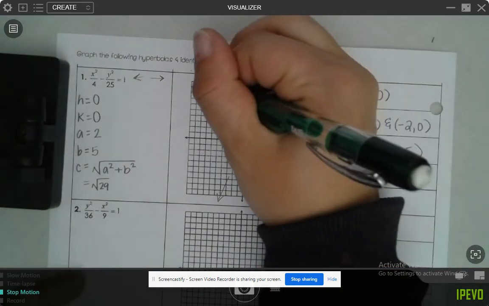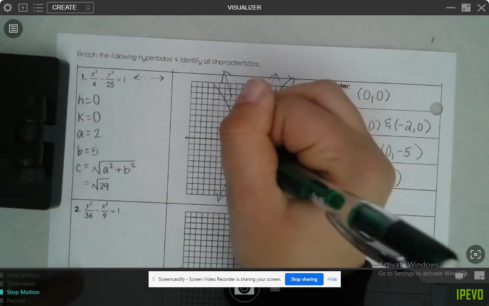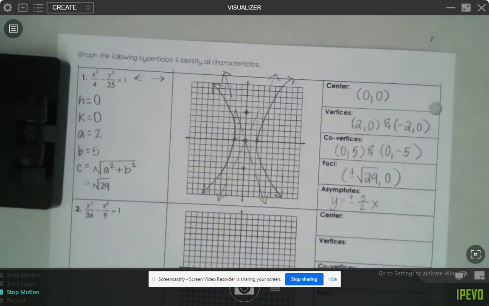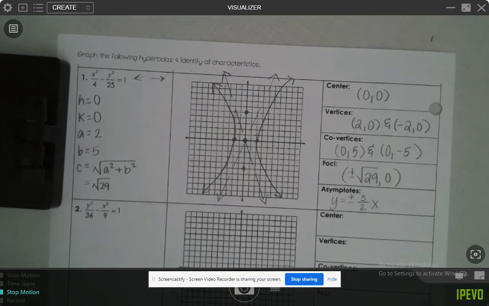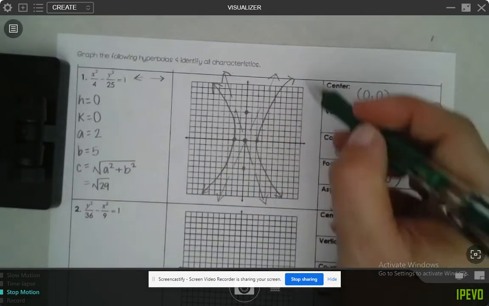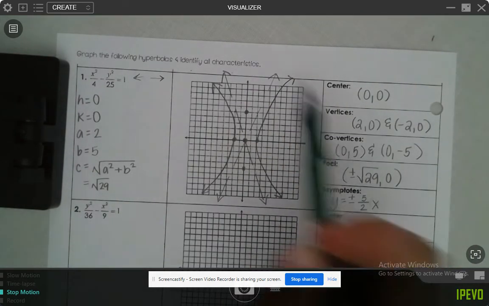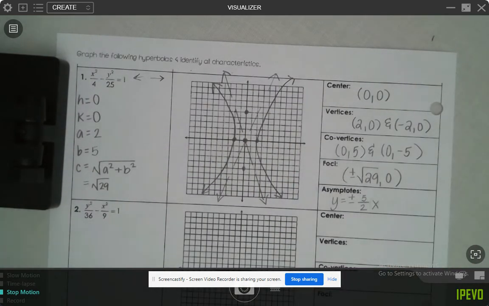You have to do it to the other side as well. You shouldn't have little dinky hyperbolas. They need to go all the way around your asymptotes. Everything I just graphed will be expected to be graphed. Okay? That's number 1.